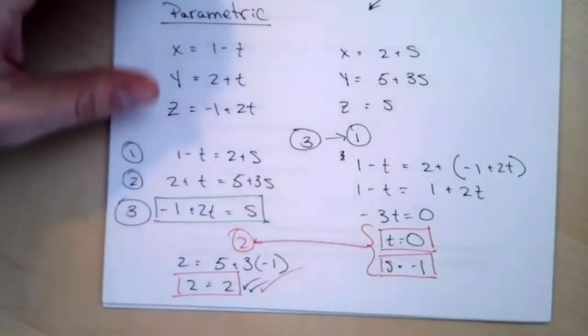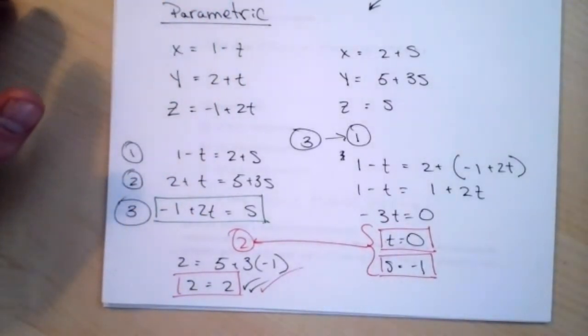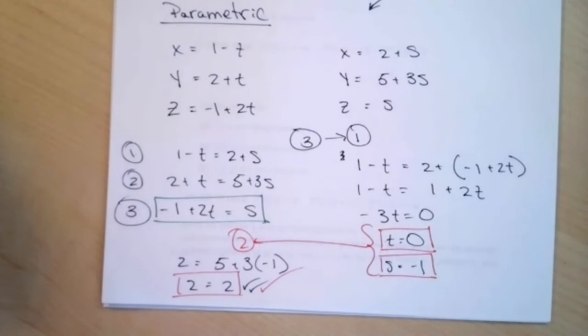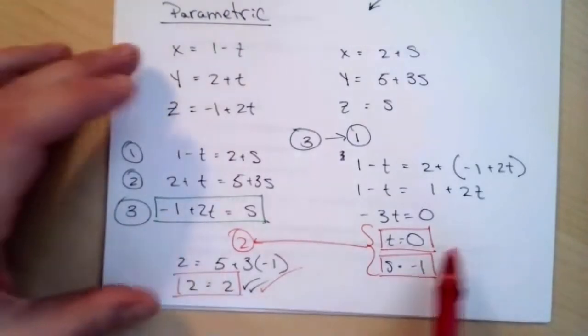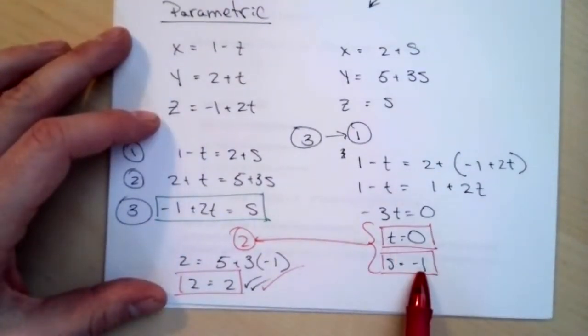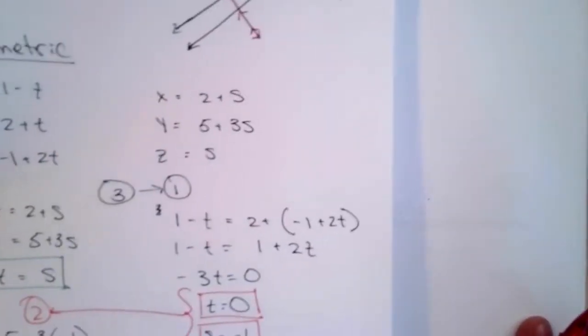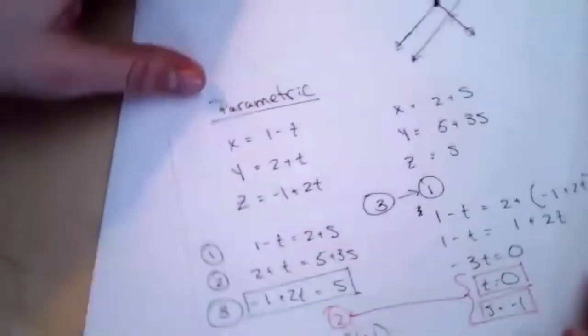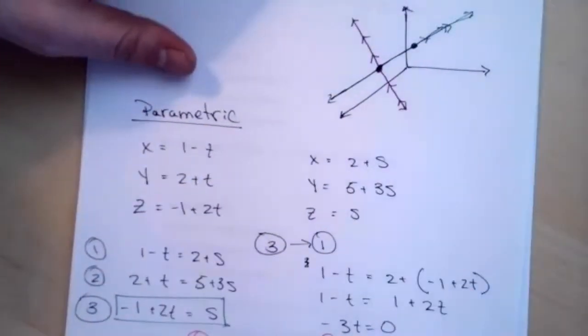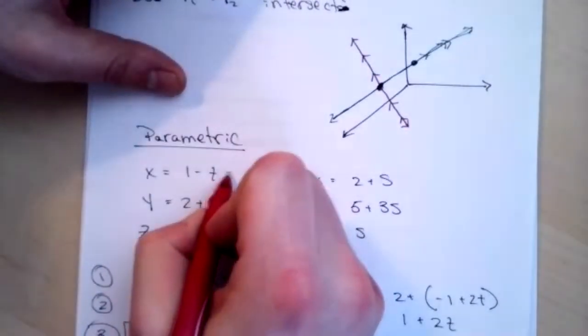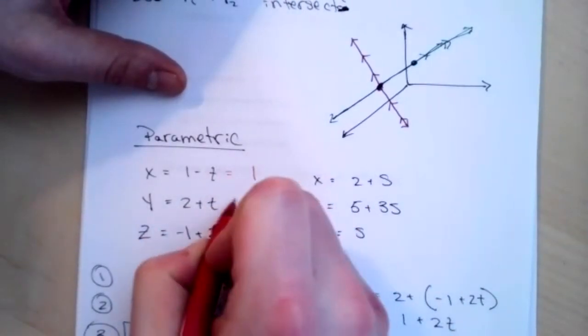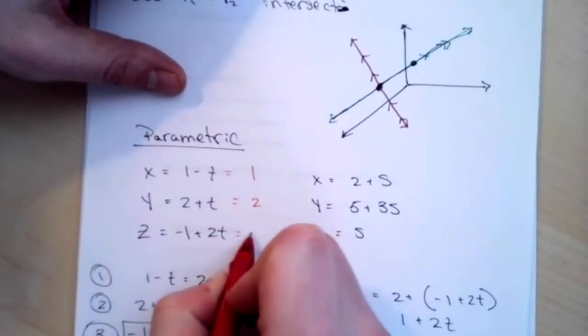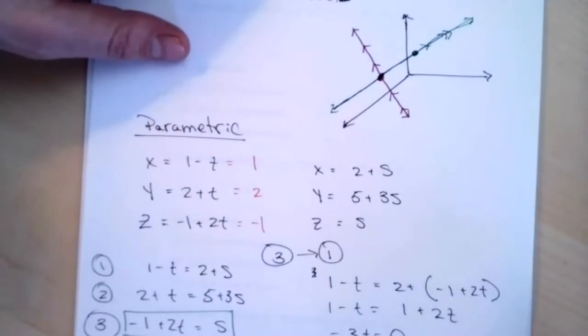we are good. So what is our specific point of intersection? We found the respective times that each line crosses the point. We found our t and our s values. That means if we plug those t and s values back into our equations, actually, let's go ahead and do it up here. So if our t is 0, this is going to be 1, 2, and minus 1 of where we intersect.